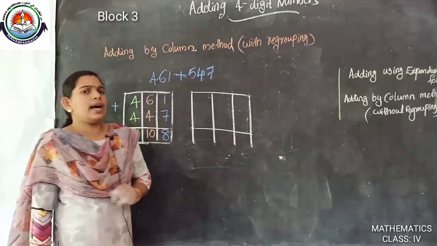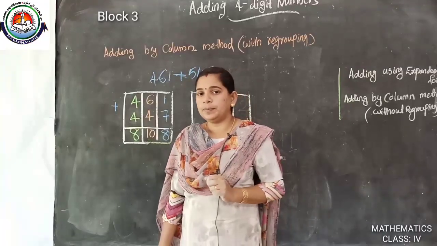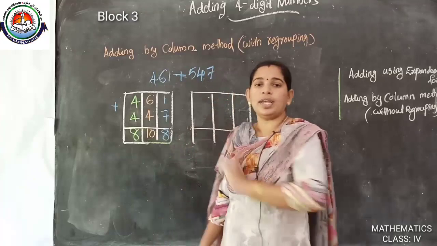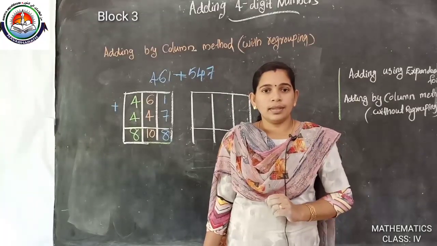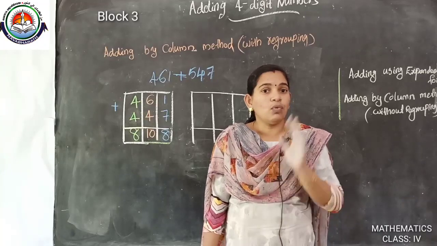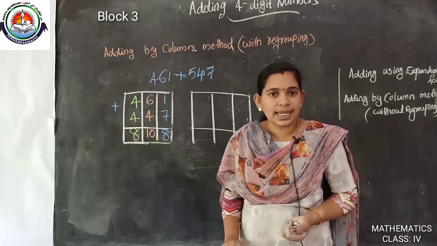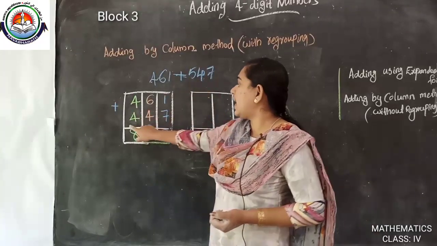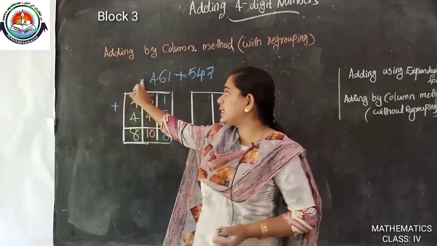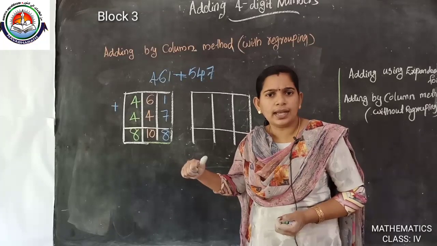Okay. They ask whether this operation is correct or not. What is wrong here? You find out. Very good. Here the second number's hundreds place is 5, but she is writing 4, the first number's hundreds place digit. Did you find that mistake?